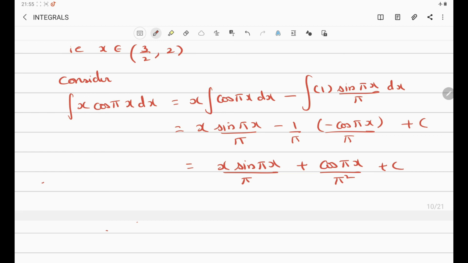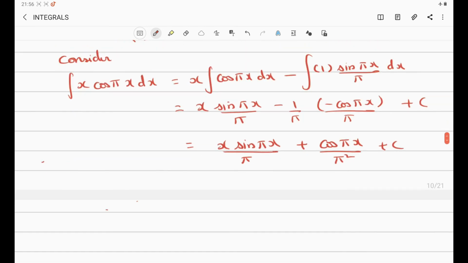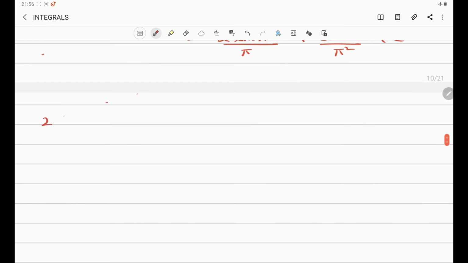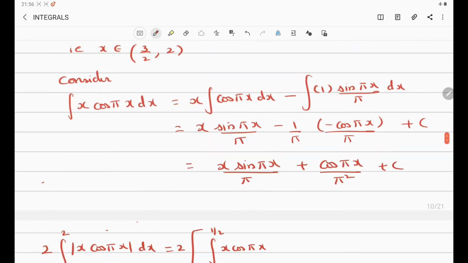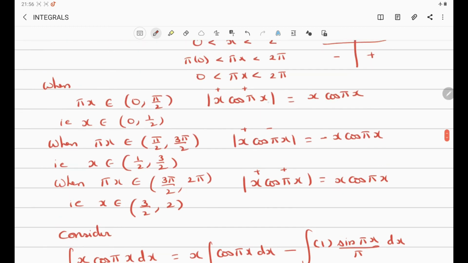So after evaluating the indefinite integral, now we are going to substitute and get this final answer by writing 2 times integral 0 to 2 modulus of x cos pi x dx is equal to 2 times integral 0 to half x cos pi x, because in the first quadrant it is positive, which means when x belongs to 0 to half, modulus of x cos pi x can be written as x cos pi x.